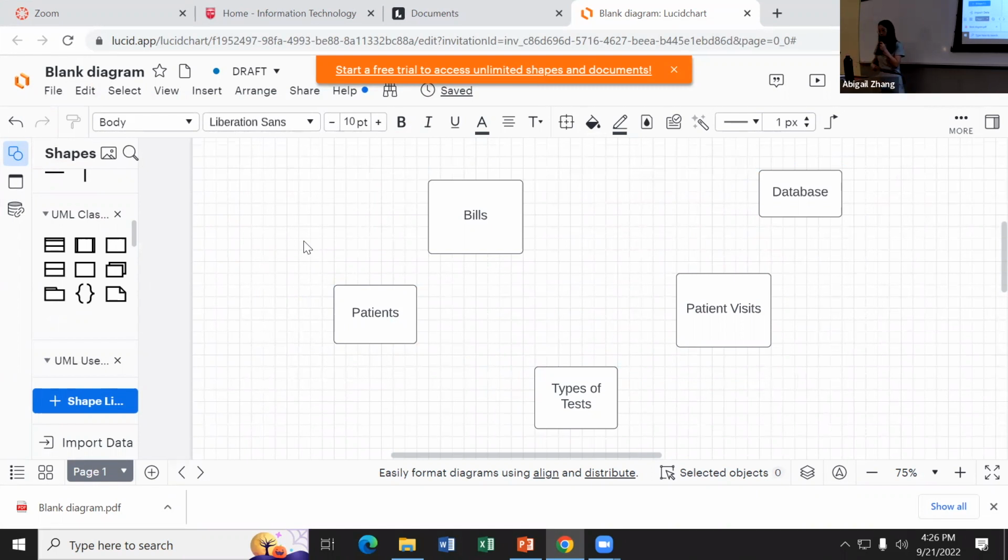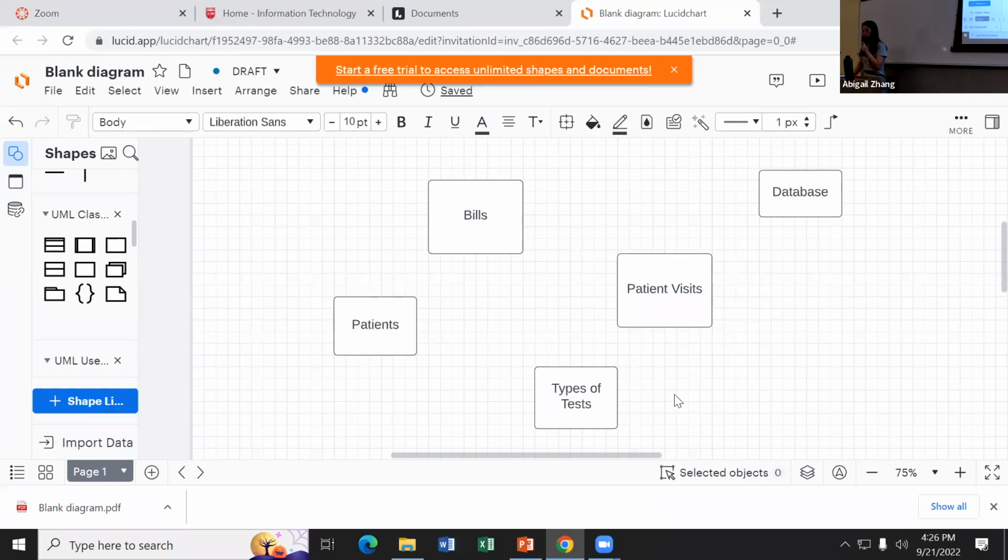And now the next step is to establish relationships or associations. So let's see, when will a patient be billed, or only when they have a visit? Okay, that's good. Then my next question is, I give you two options, right?